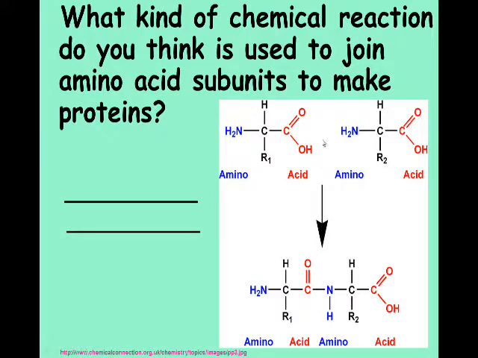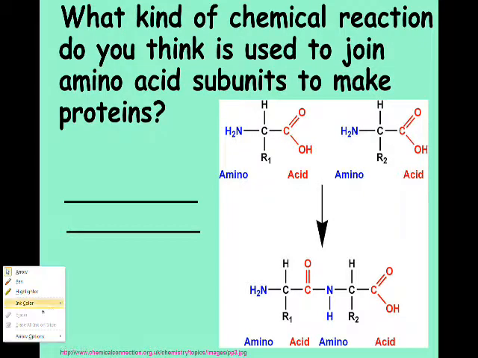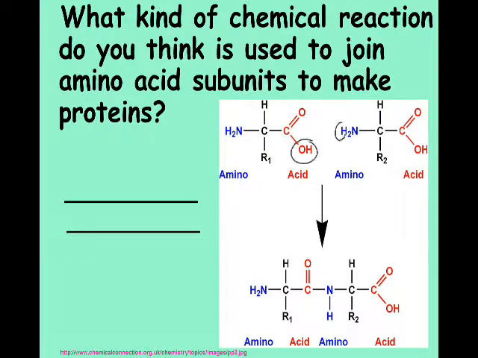So can you look at this molecule and see where I could get some hydrogens and oxygen to make a water molecule? If I take an OH from one side and a hydrogen from the other side, I can pull those out and put them together to make H2O.